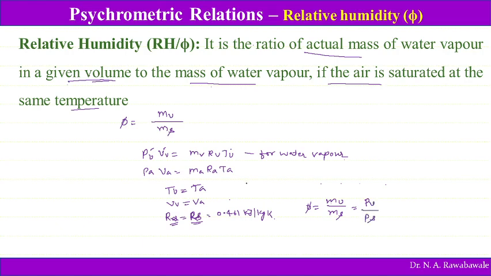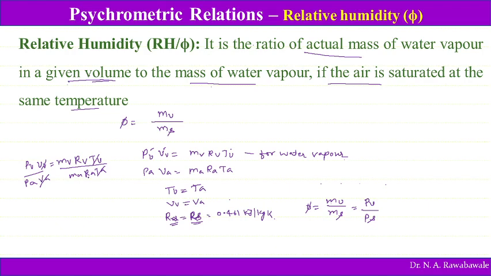So dividing equation number 1 by equation number 2, we get phi. So this is how we get: PV VV is equal to MV RV TV divided by PA VA divided by MA RA TA. TA, TV gets cancelled, then VA, VV gets cancelled, and what is going to remain? PV divided by PA, MV divided by MA, RV divided by RA is going to remain.